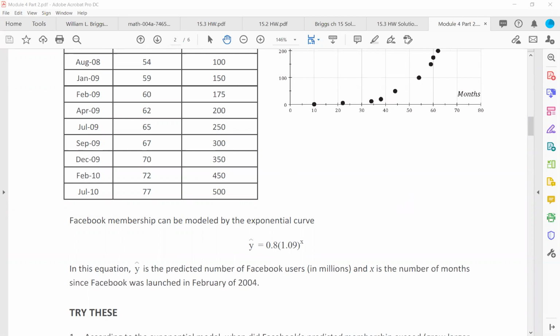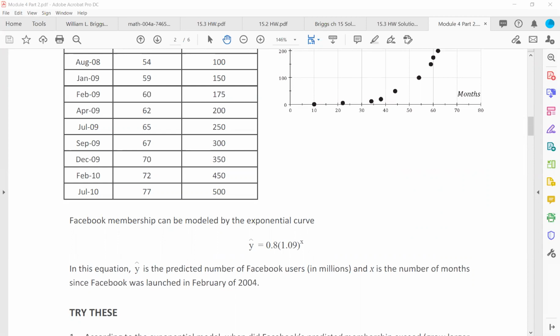In April 2009, we see 200 million users.